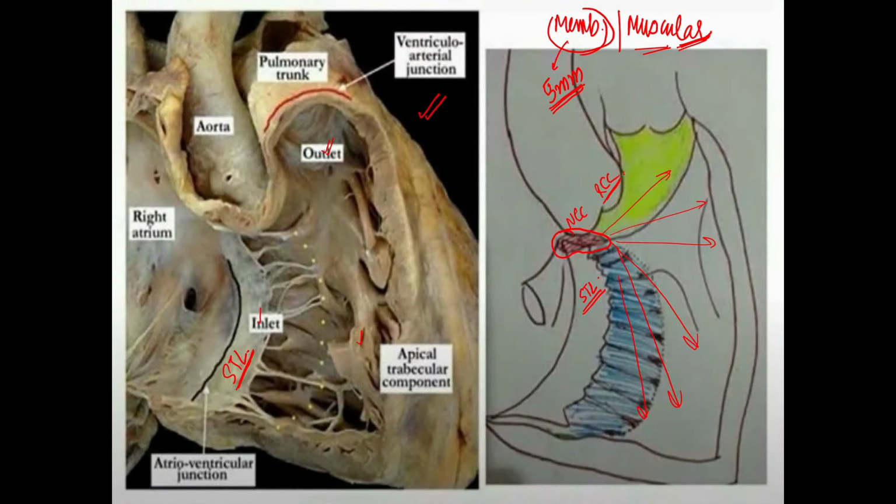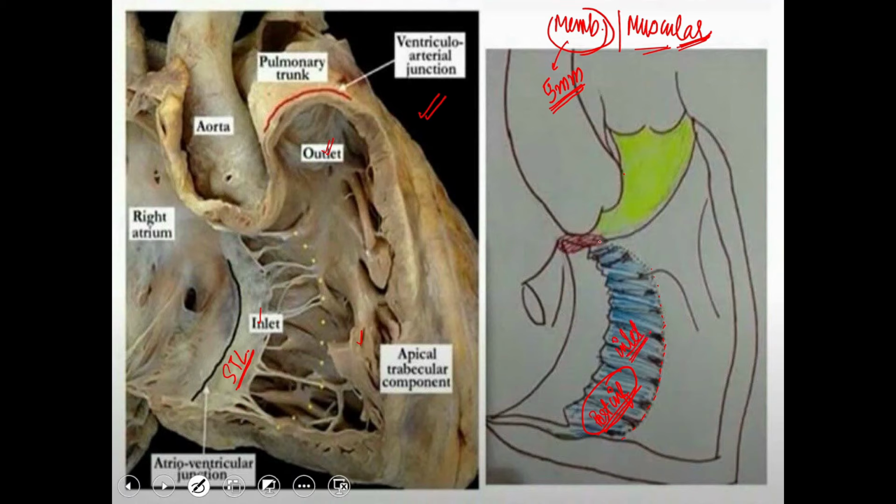If you look at this particular diagram, we have a posterior-inferior region of muscular septum which lies between the two AV valves, is inferiorly bound by septal tricuspid leaflet chordae attachment to the septum, and this is known as inlet septum.